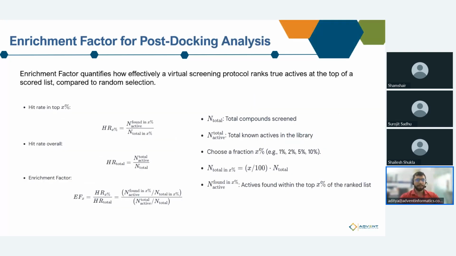So next, talking about different post-docking analysis, a factor which means a lot here is the enrichment factor. Enrichment factor is basically the presence of biologically active molecules in your top scoring candidates. For example, I have 1000 compounds in my library, and I know 50 or 60 of them are biologically active, and I do know their activity values as well.